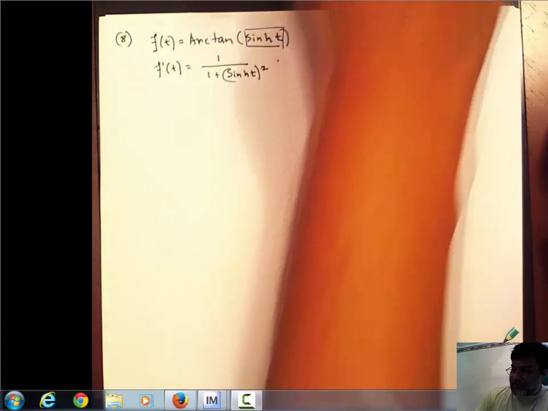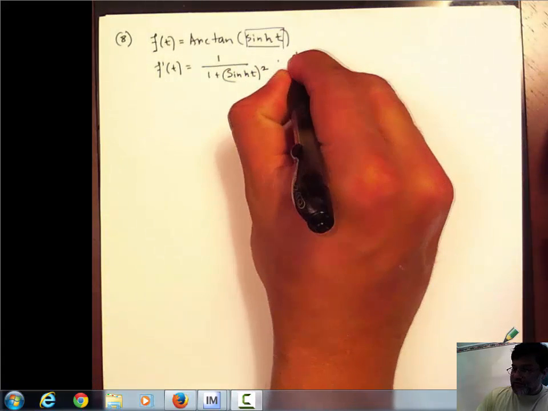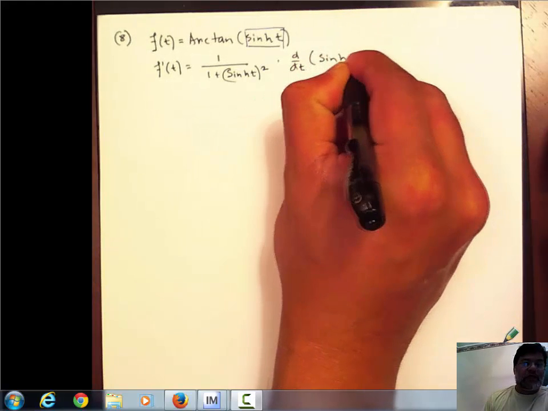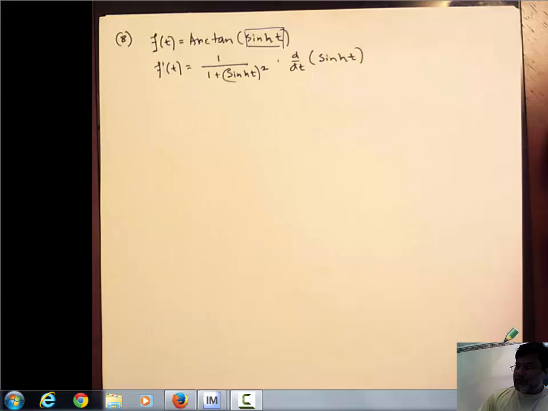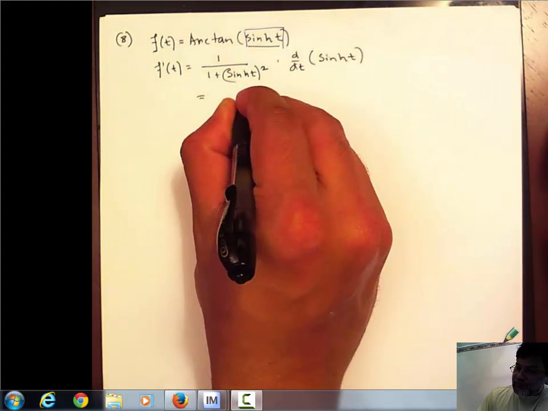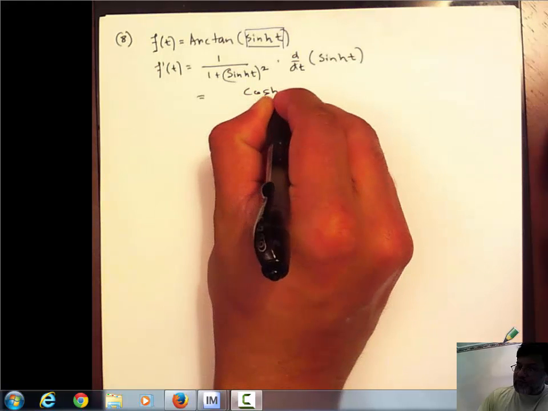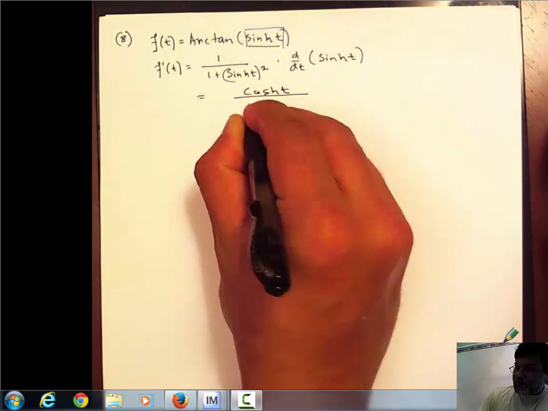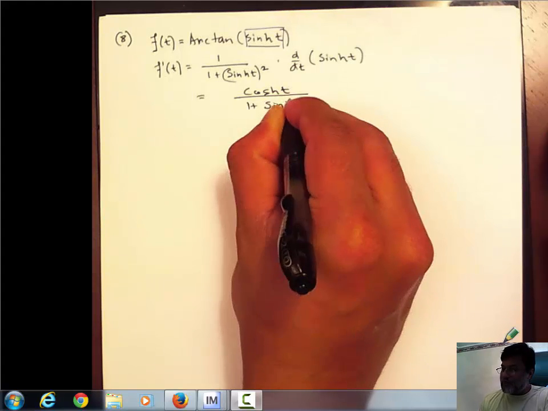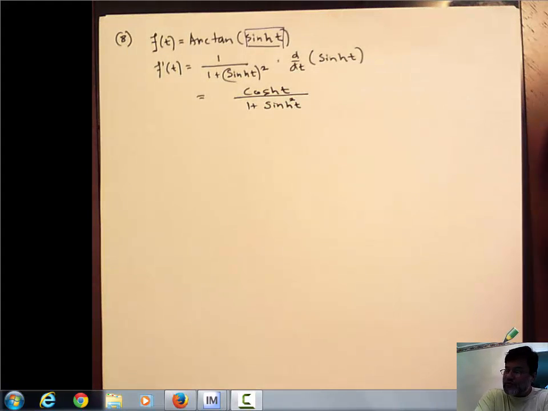What's the derivative of sine hyperbolic of t? That's right, cosine hyperbolic of t. Okay, so you can tell me, do we stop here?